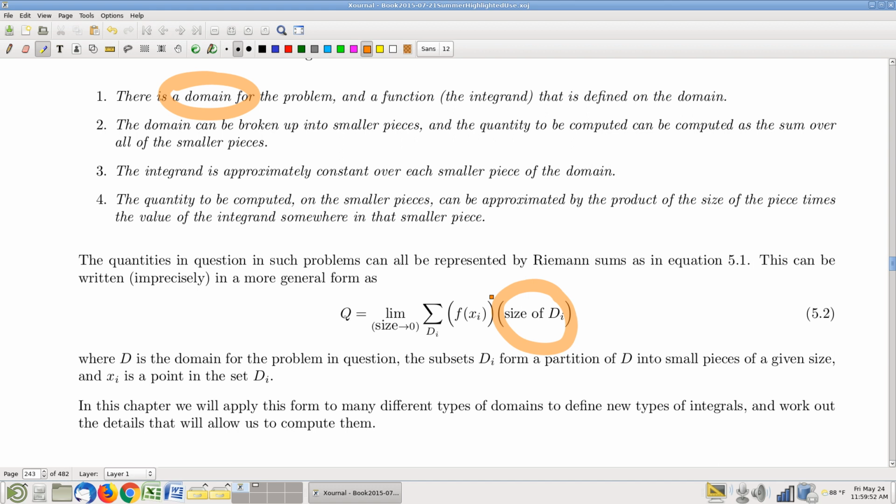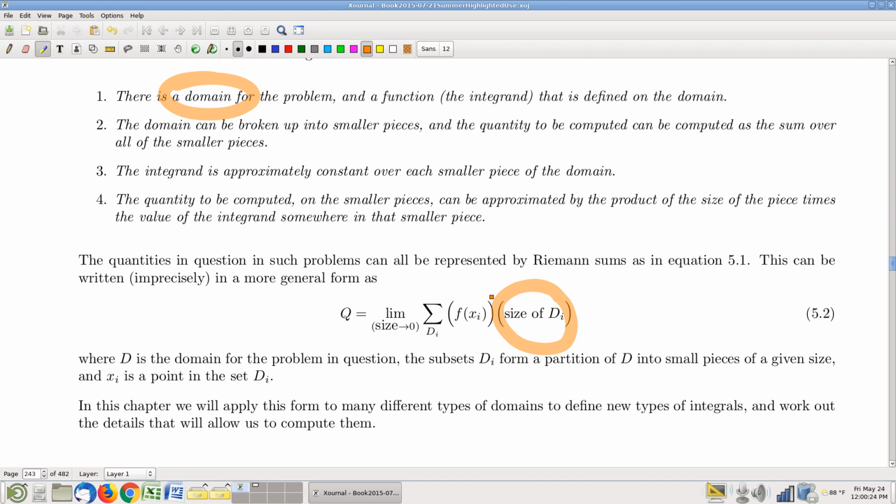Okay, but even in the extended version of this in a multivariable context, we're going to be taking our domain, chopping up the little pieces. We're going to be relying on the fact that our quantity in question is a summation of the quantities on each little piece. And on each little piece, we're going to be looking at some function times size, which will no longer be a length.